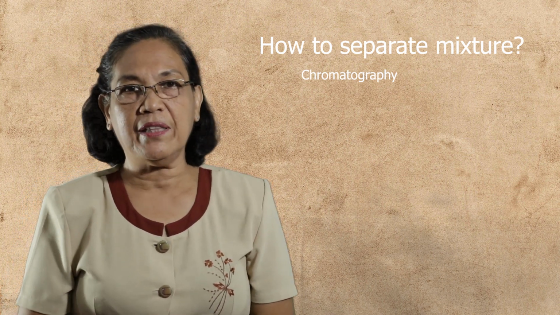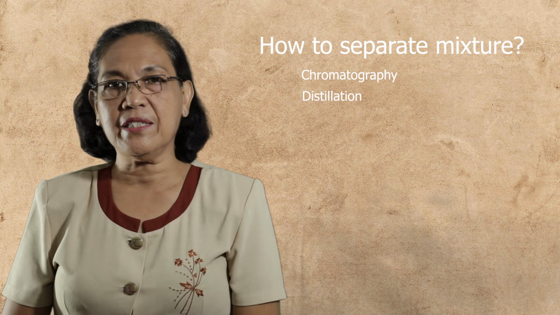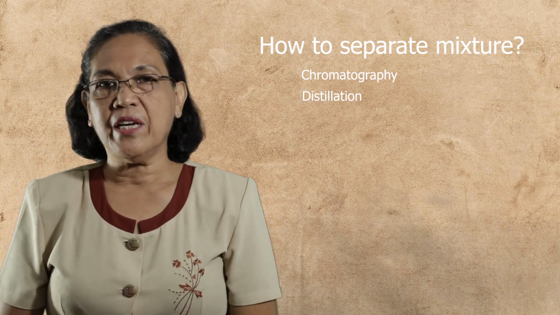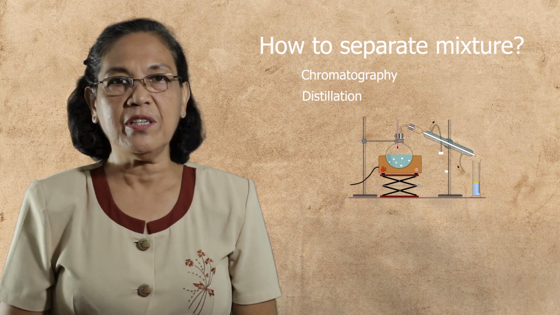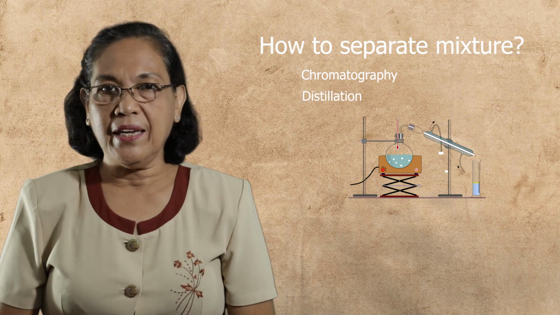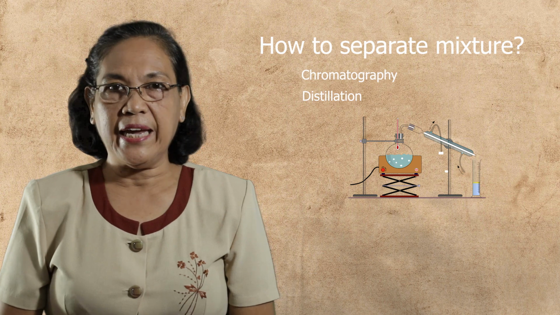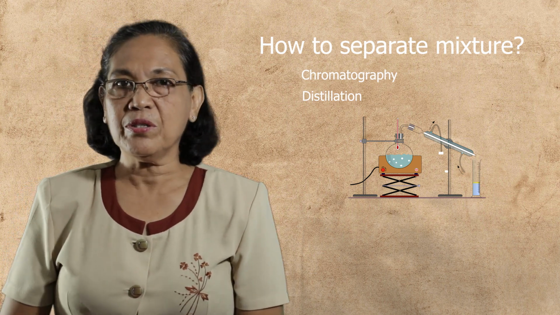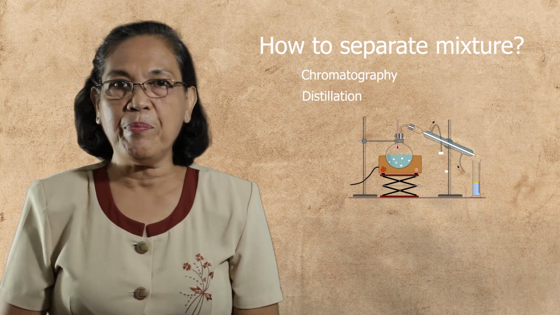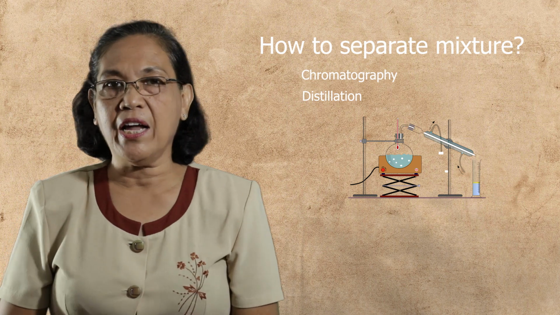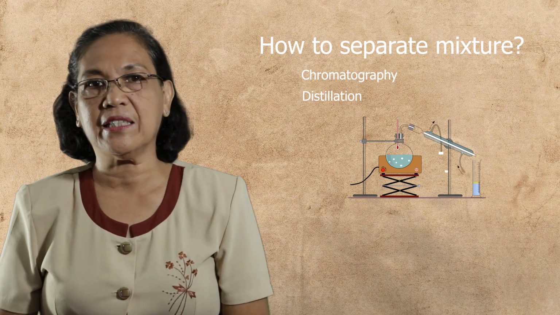Another method of separating a mixture is by distillation. We know that distillation is a process which involves two processes, evaporation and condensation. In distillation, the mixture is allowed to evaporate and condense. Those components which have low boiling points will be evaporated first, so they come out as the first condensate, known as the distillate.